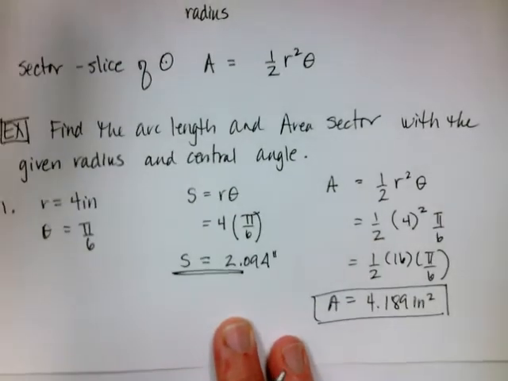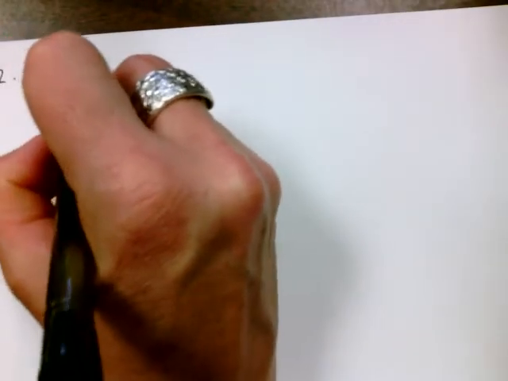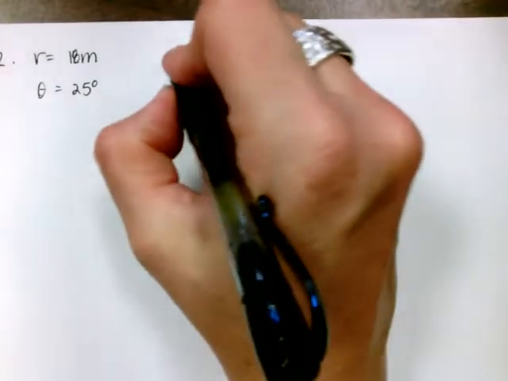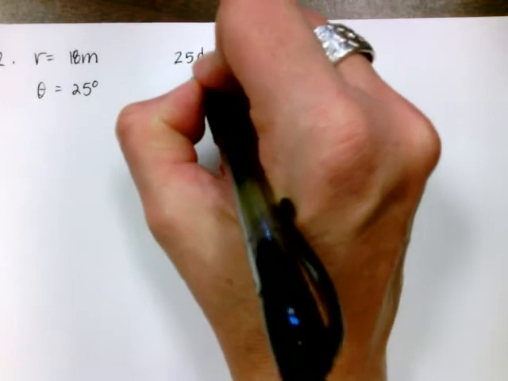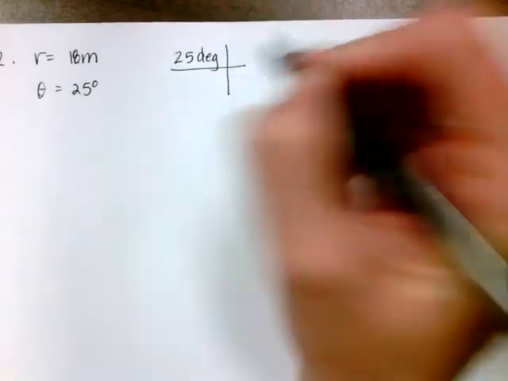Okay? All right, so I'm going to do another problem, same directions. This time I'm given that my radius is 18 meters and my angle, theta, is 25 degrees. Well, that presents a wee bit of a problem because theta has to be in radians. So before I can do the problem, I actually have to convert my angle to radians.